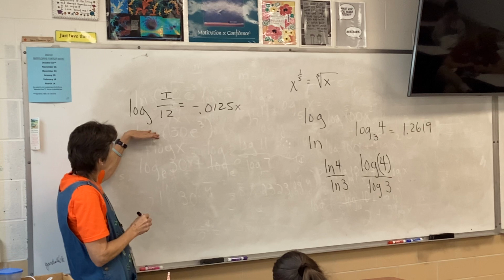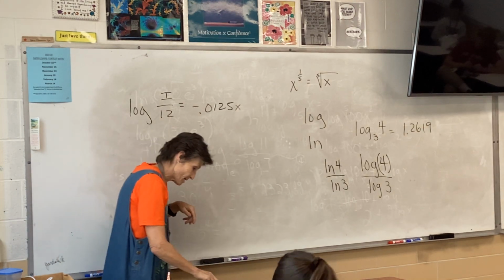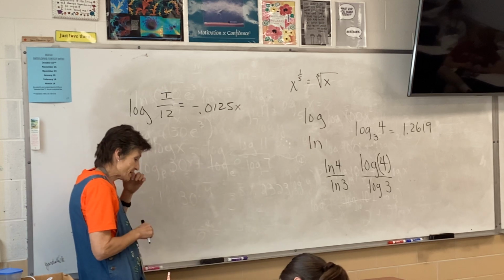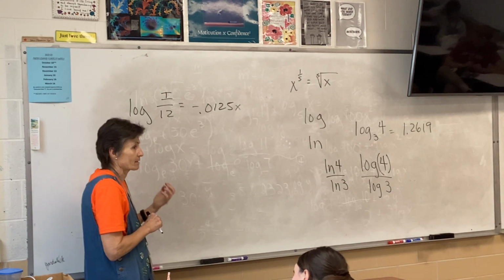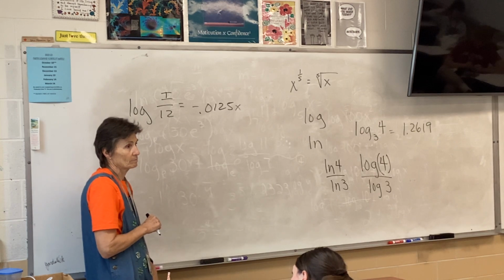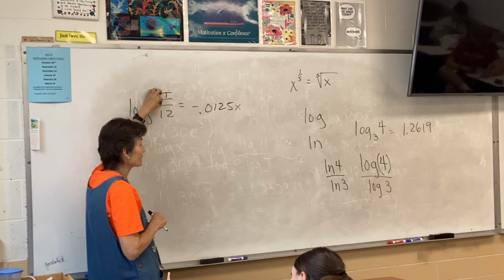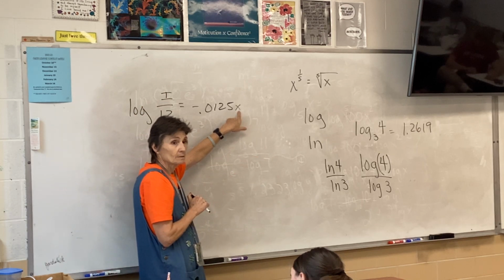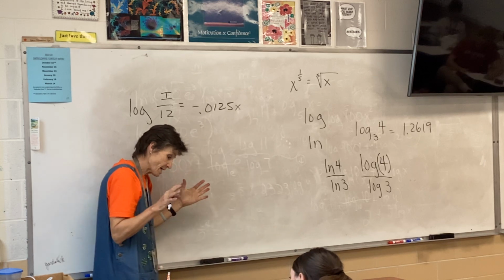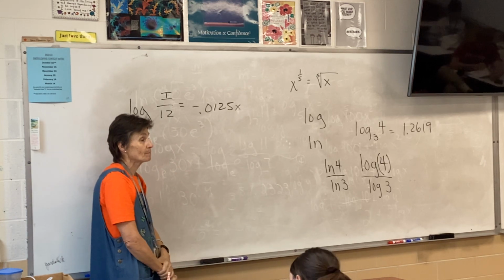So this is our equation, all right? And what this equation does is it tells us the intensity of light at a depth of X feet in Lake Superior. So this is the intensity of the light, and this is the depth of the water. So all the question says is, what is the intensity at a depth of 10?